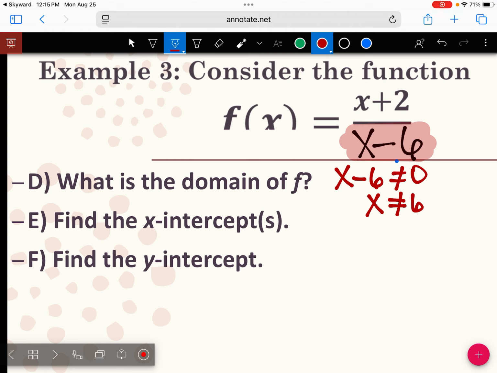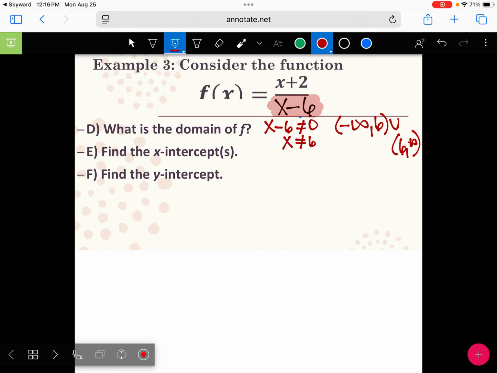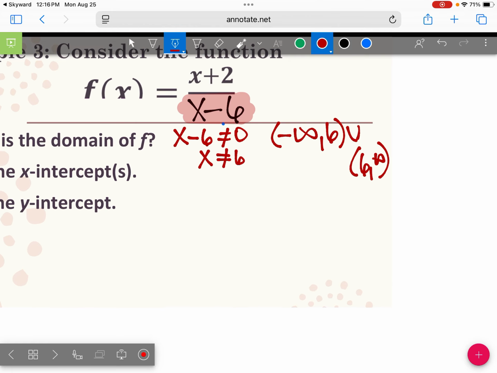How do you say all real numbers except positive 6? Okay, who had that answer? Negative infinity to 6, union 6 to infinity, all parentheses.